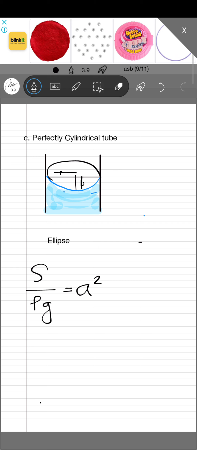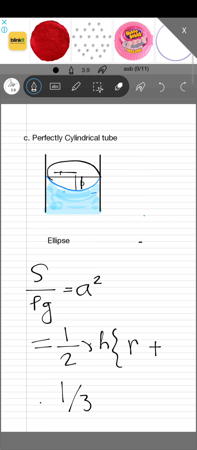You can write it is equal to 1 by 2 RH into a series R plus 1/3 r by h minus 1 by 9 r cube by h cube.